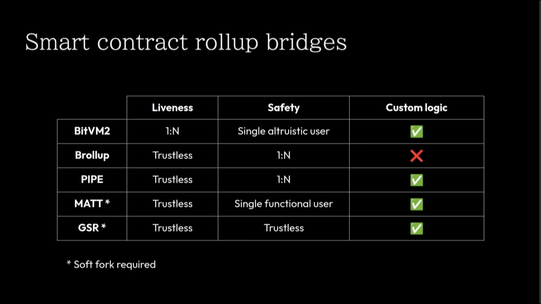And this kind of bridge also supports custom logic. So you can put any kind of chain or program on the other side of this bridge. But as I mentioned, these last two variants do require a soft fork.